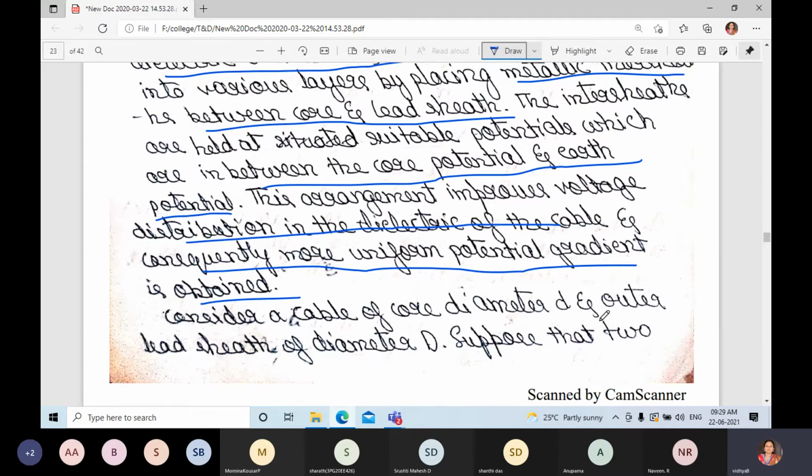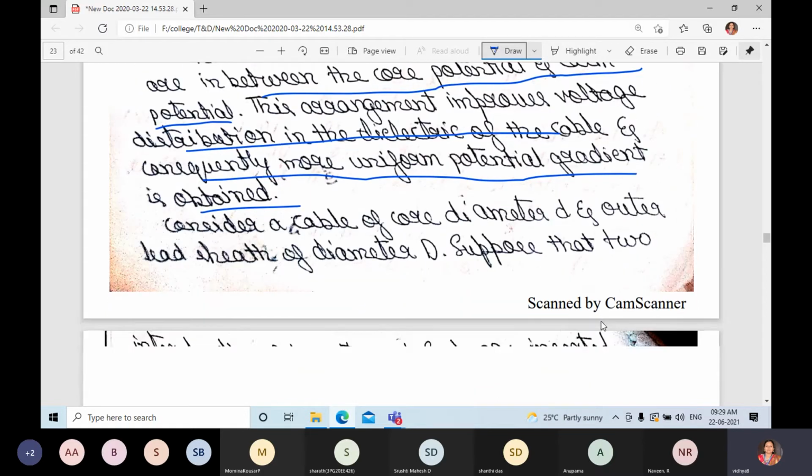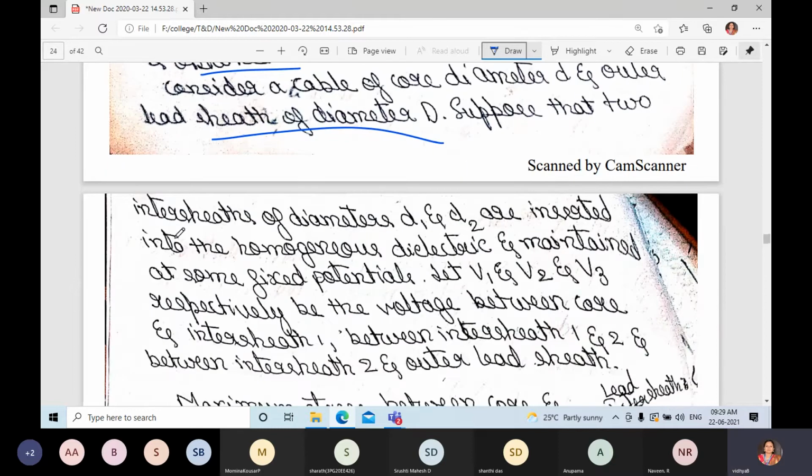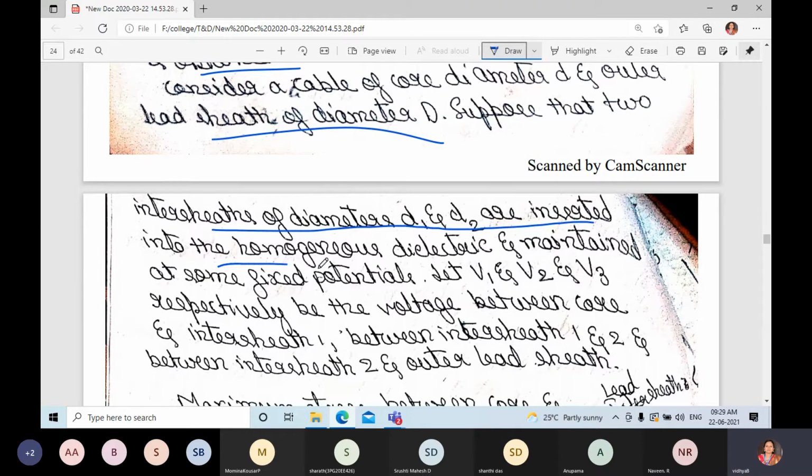Consider a cable of core diameter d and outer lead sheath of diameter D. Suppose that two intersheaths of diameters D1 and D2 are inserted into the homogeneous dielectric and maintained at some fixed potential.